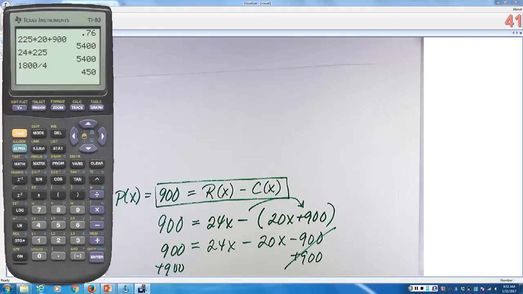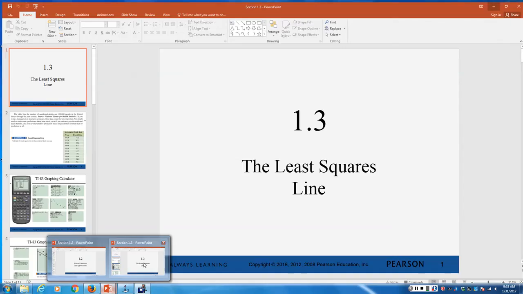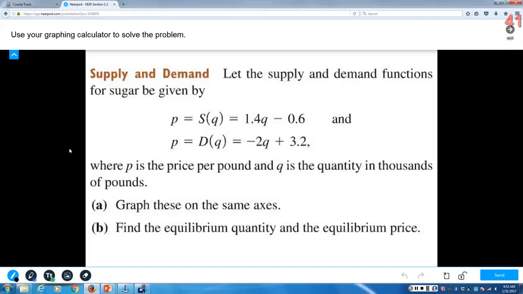So let's go back to the Nearpod for a minute. And I gave you one. It says use your graphing calculator to solve the problem. This is the supply and demand function. Now, I didn't tell you how to use your graphing calculator.